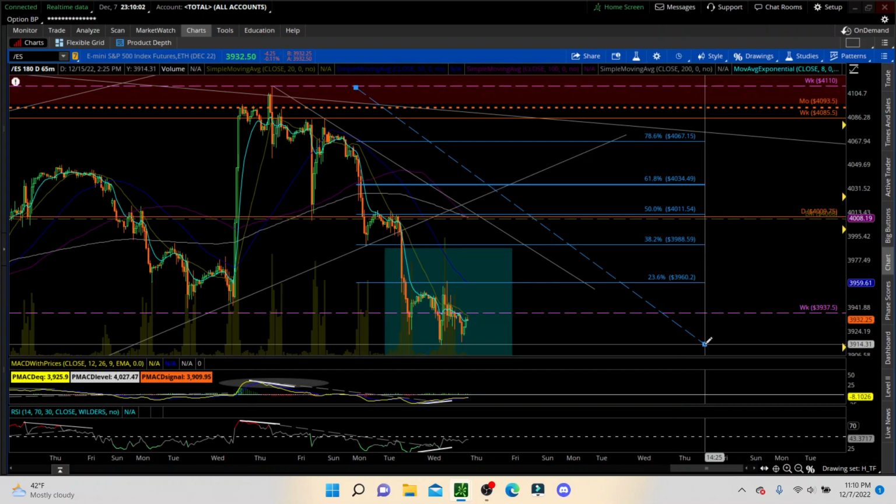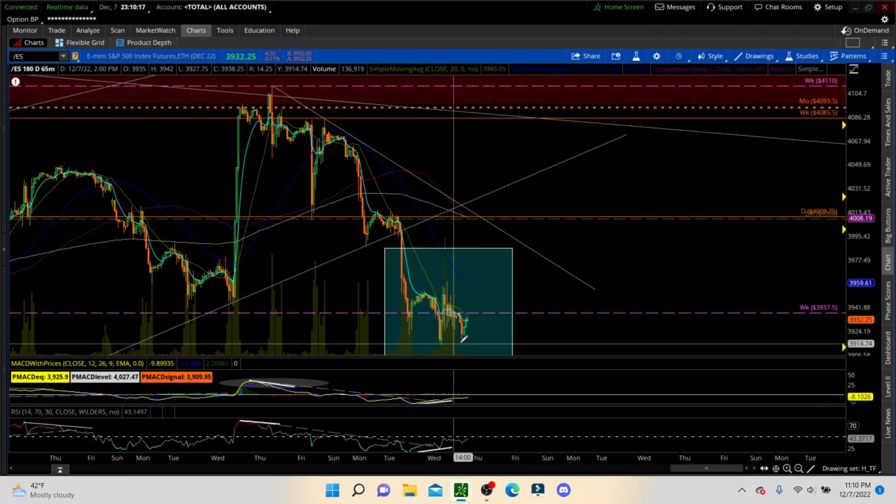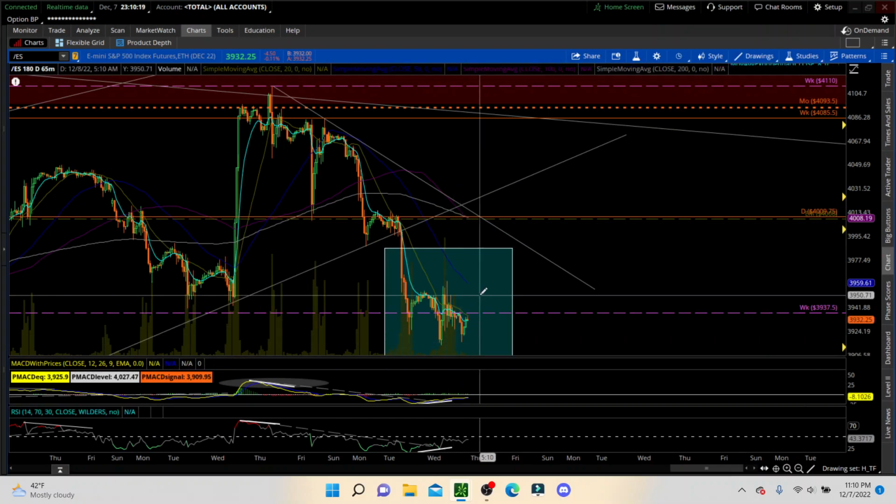And that brings us to around the 4,000 area and then 4,035. So right in that area there, if we do decide to test that, I think we'll have our wave 2 in. I'm not convinced that we'll actually make it all the way up.